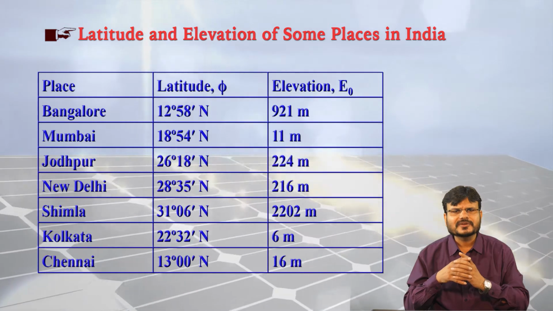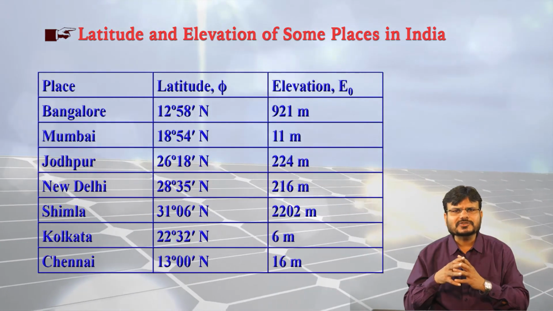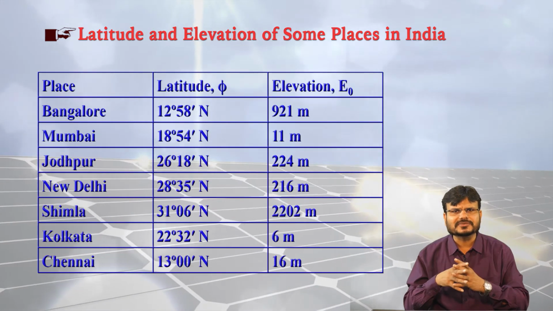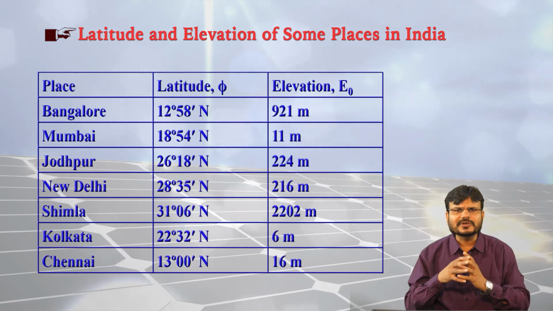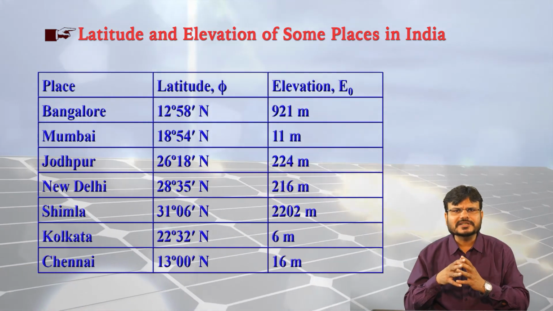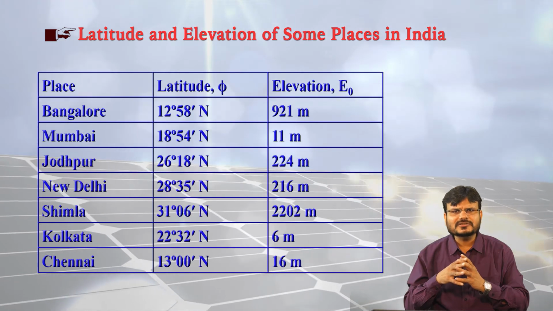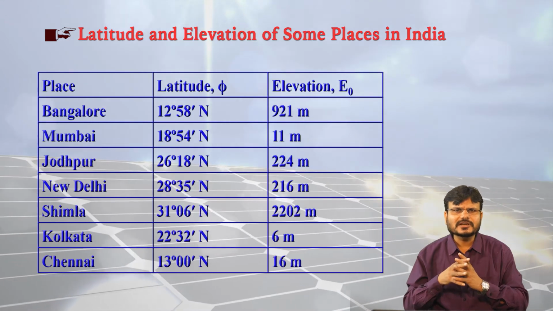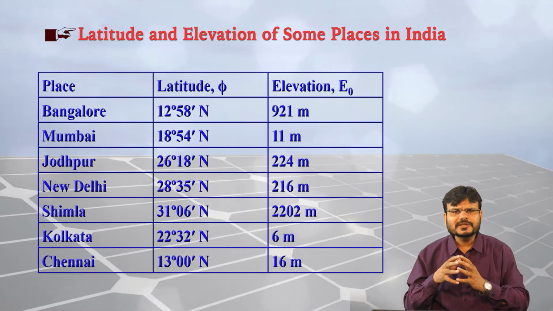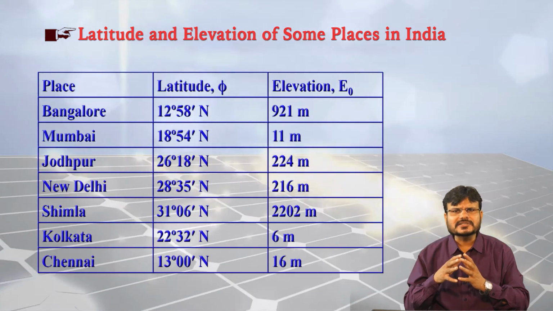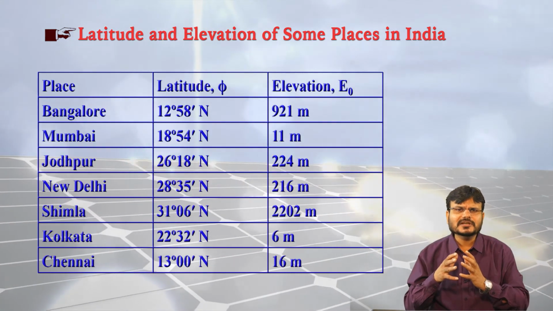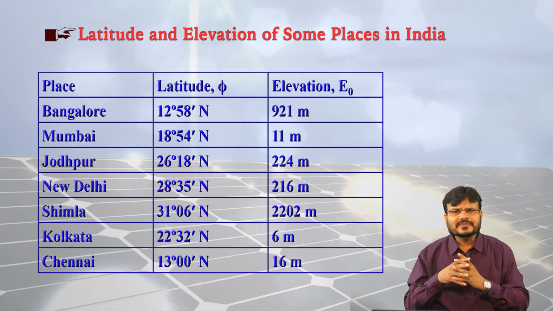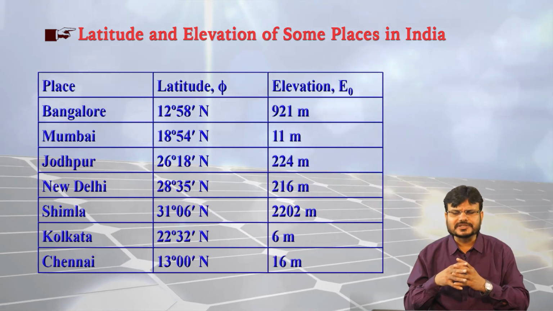For New Delhi, the latitude is 28 degree 35 minute north and the elevation is 216 meter. For Shimla, the latitude is 31 degree 06 minute north and the elevation is 2202 meter. For Kolkata, the latitude is 22 degree 32 minute north and the elevation is 6 meter. And for Chennai, the latitude is 13 degree and the elevation is 16 meter.